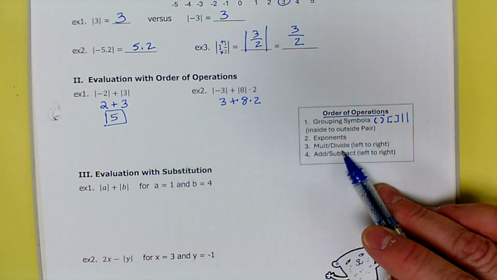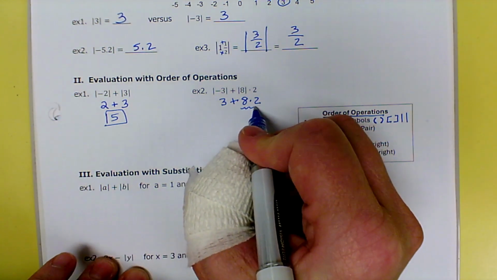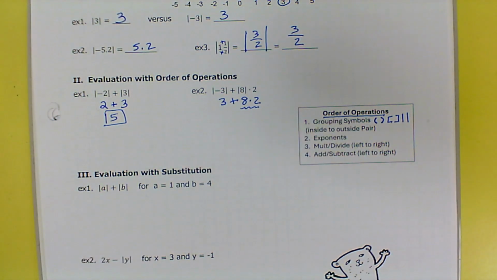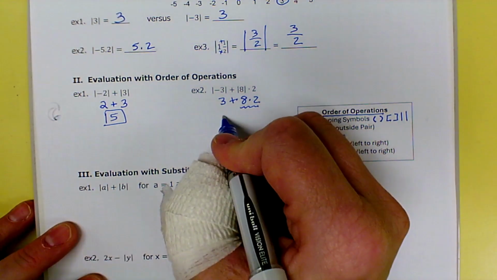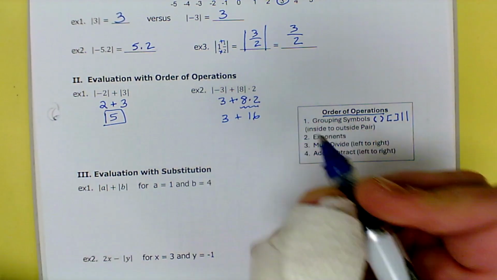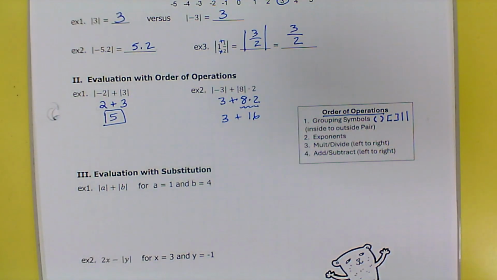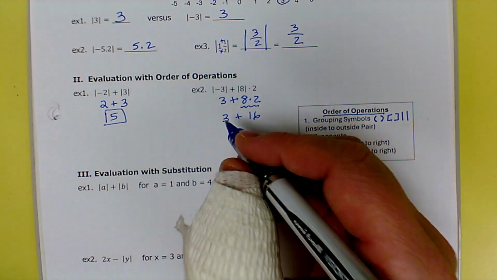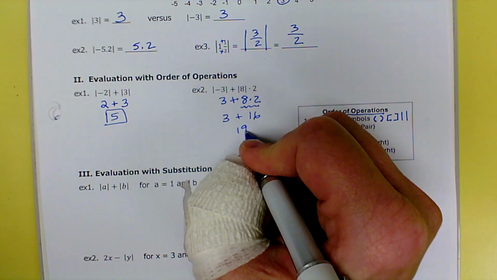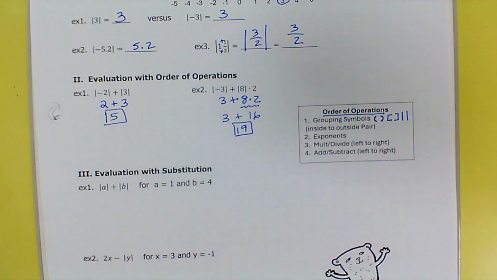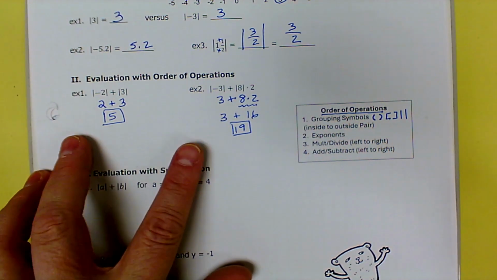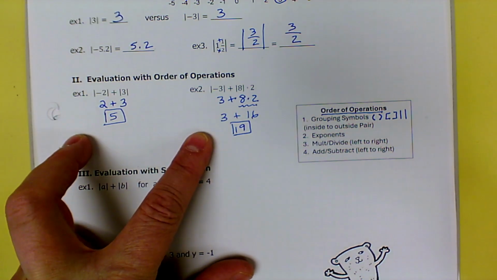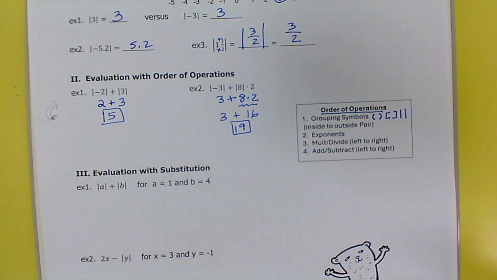Multiply, divide, aha, that we do have. We need to multiply that next. 8 times 2 is 16. And we've done the multiply, divide step. Starting over, we're ready for the add, subtract step. 3 plus 16 is 19. So a couple of your problems on your assignment are going to look just like that. You're going to simplify them using order of operations.